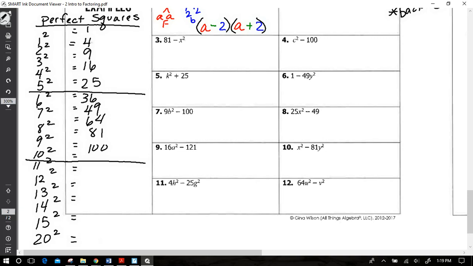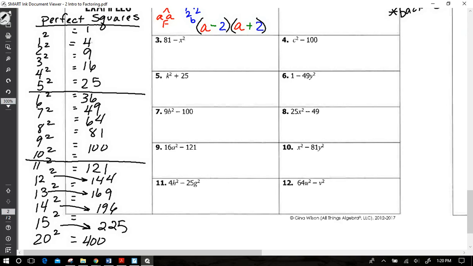My signs got a little off. Let's go below that. 11 squared is 121. 12 squared is 144. 13 squared is 169. 14 squared is going to give me 196. 15 squared is 225. And then 20 squared is 400.